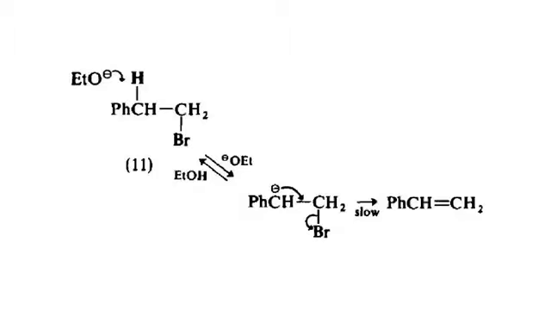But if we use a particular substituent which can stabilize the carbanion intermediate, then it goes through the E1CB pathway. For example, if we have 1-bromo-2-phenylethane in the presence of an ethoxide ethanol mixture as seen in the figure, we get the substituted ethene.